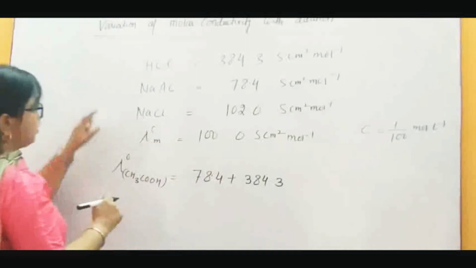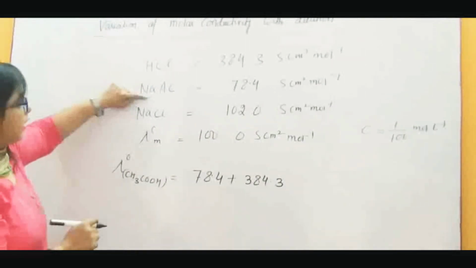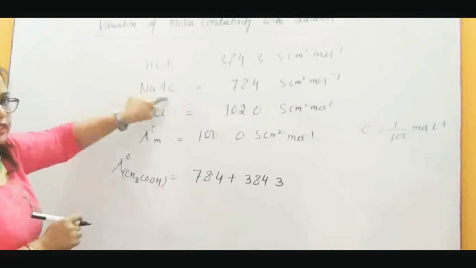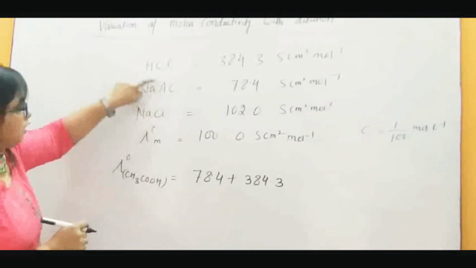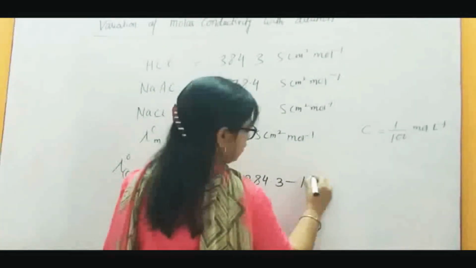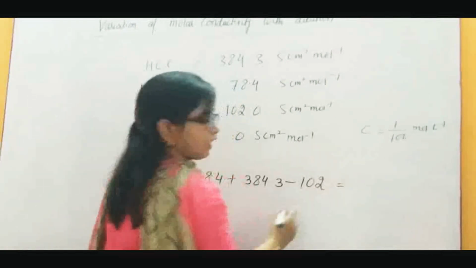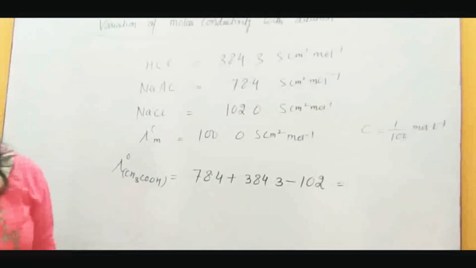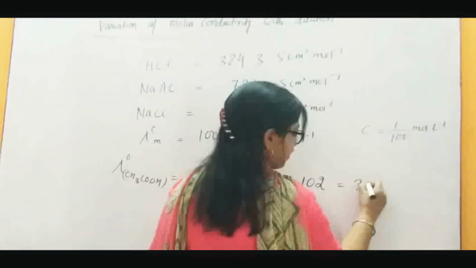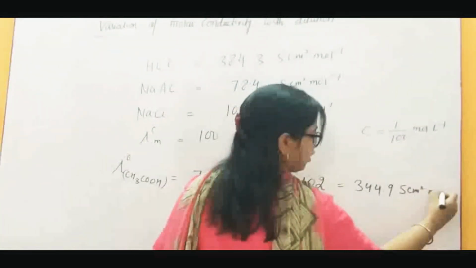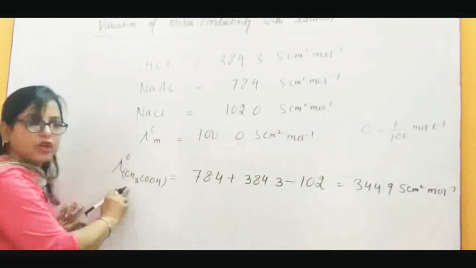Now my remaining part is NaCl, because I am having HAc, acetic acid, from these two, so I will subtract NaCl. Okay guys, so my answer is coming by calculation as 344.9 Siemens centimeter square mole inverse. This is my limiting molar conductivity.